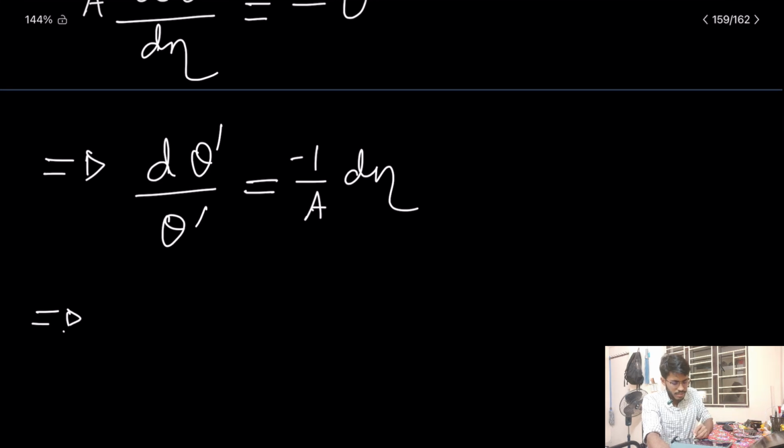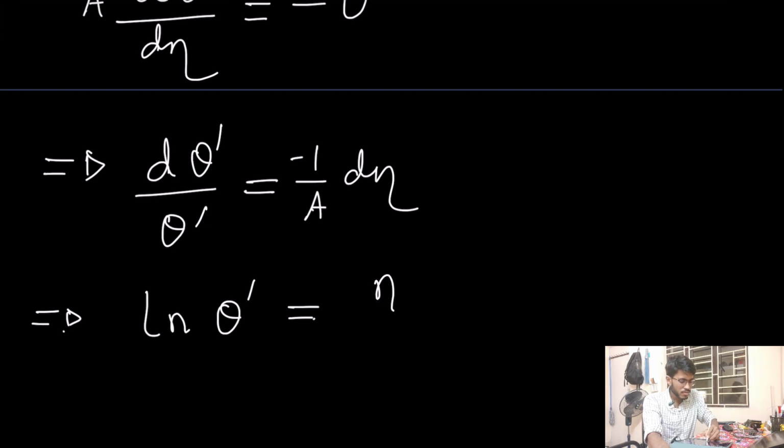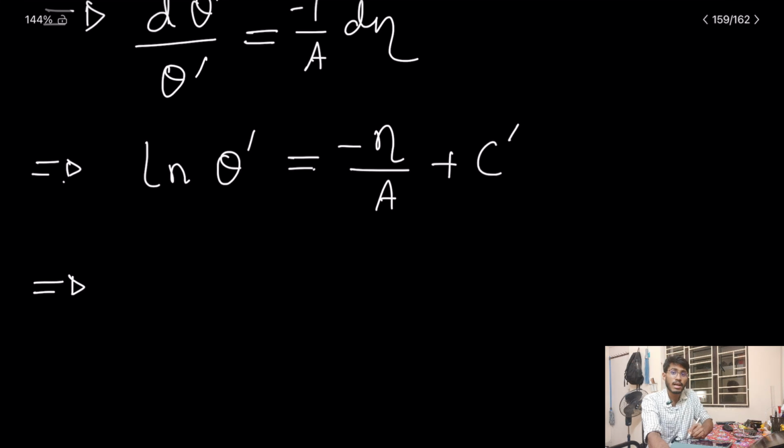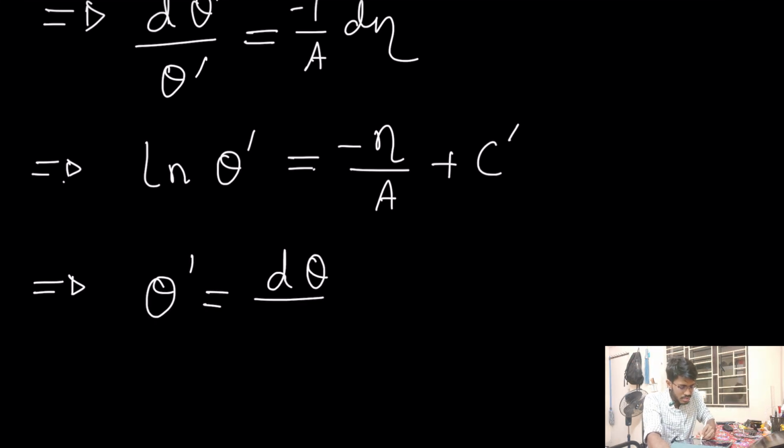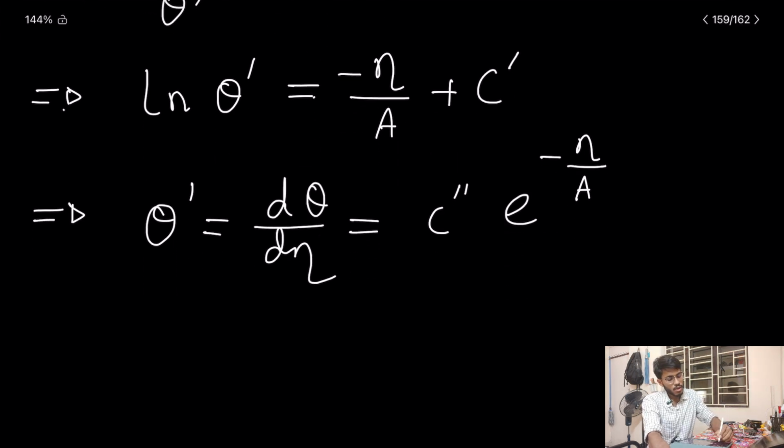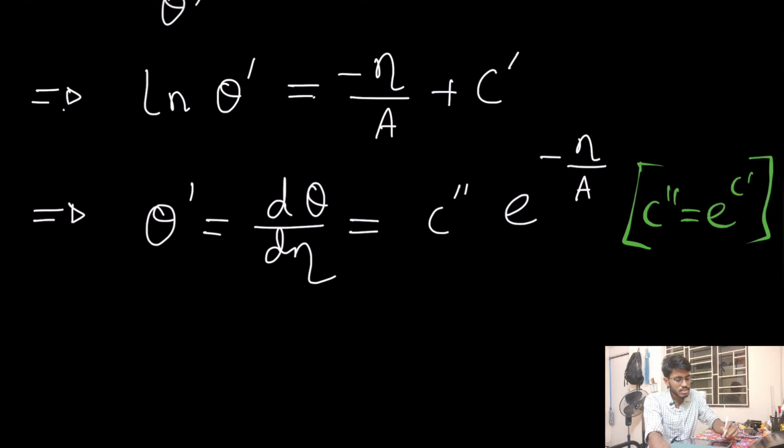If I do the integration correctly, ln theta dash will be minus eta by a plus some constant, and I will write c dash because c1, c2, c3 I have already used. So theta dash, which is d theta by d eta, is equal to some c double dash into e to the power minus eta by a, where c double dash is equal to e to the power c dash.